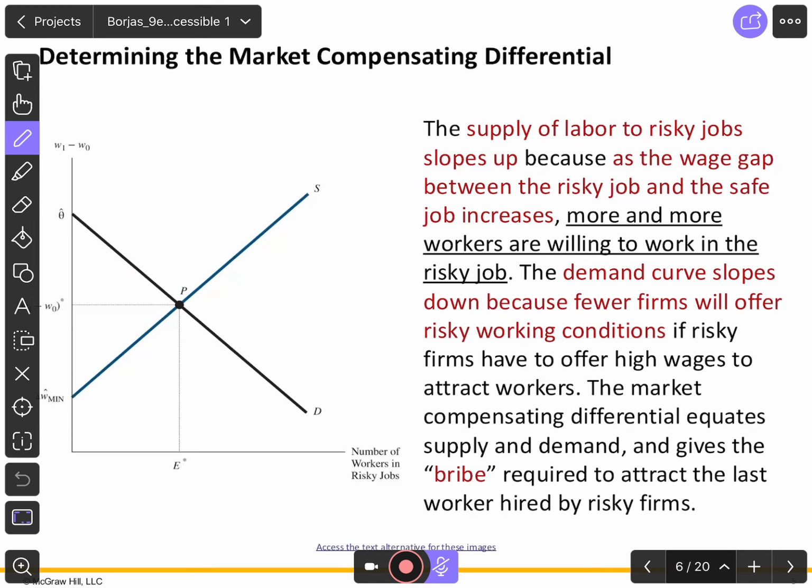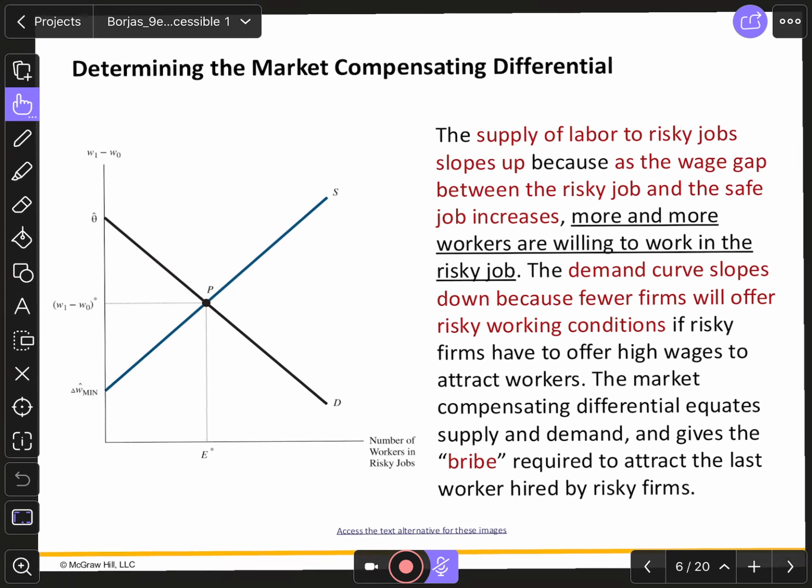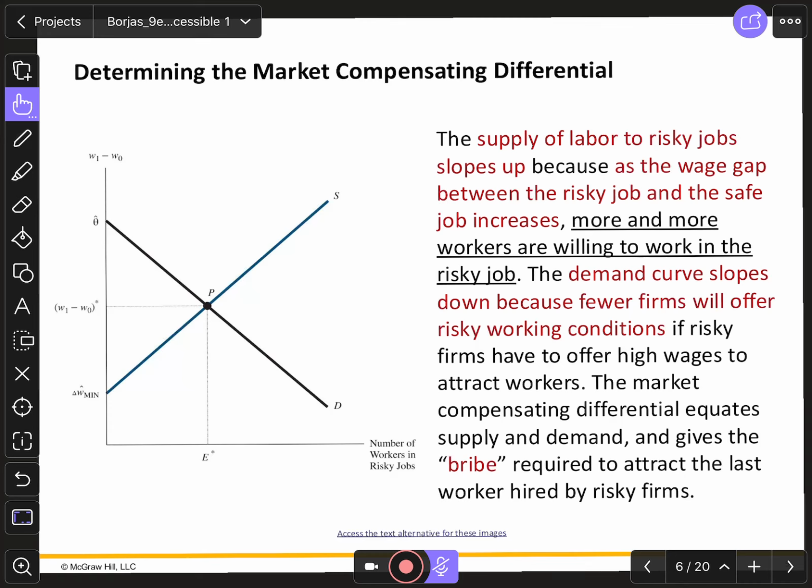So in order to determine the wage differential, we have a graph here that has W1 minus W0, which is the amount of compensation that you need to offer the worker to start supplying their service in the risky jobs.